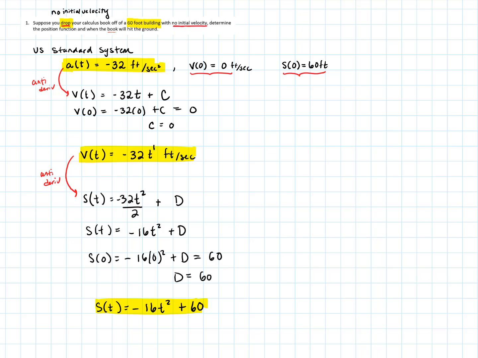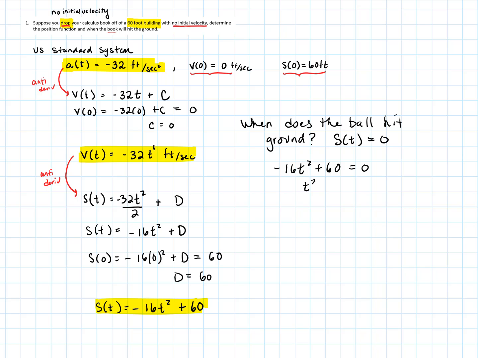So now we can answer the question, when does the ball hit the ground? Well, the ball would have to hit the ground when the position, which represents its height off the ground, equals 0. So when does negative 16t squared plus 60 equal 0?